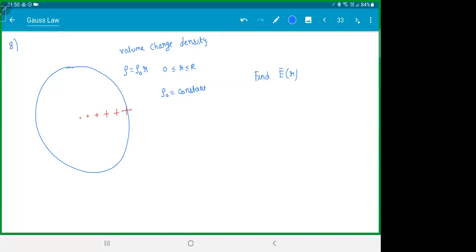Let's see. The problem here, it's a gamble for us, which chapters to do first. It shouldn't happen like we finish one chapter and then they cancel the chapter. How do we do this? Let's finish off Gauss law, then we'll finish off viscosity, surface tension, then we'll come back to capacitors.